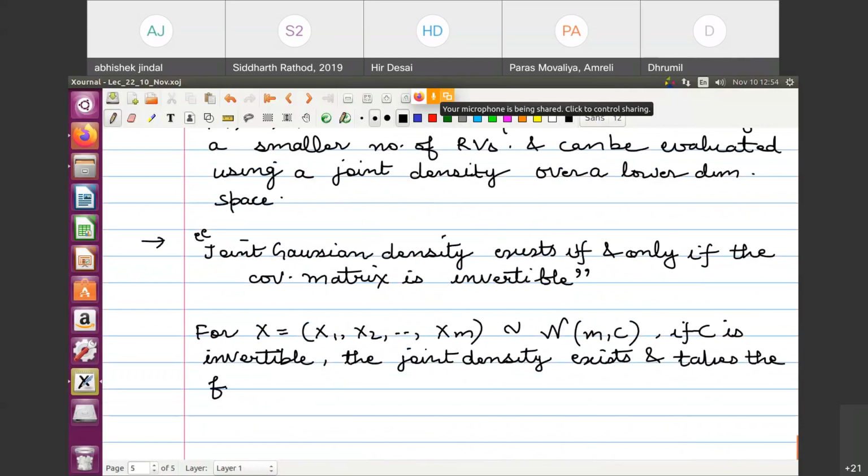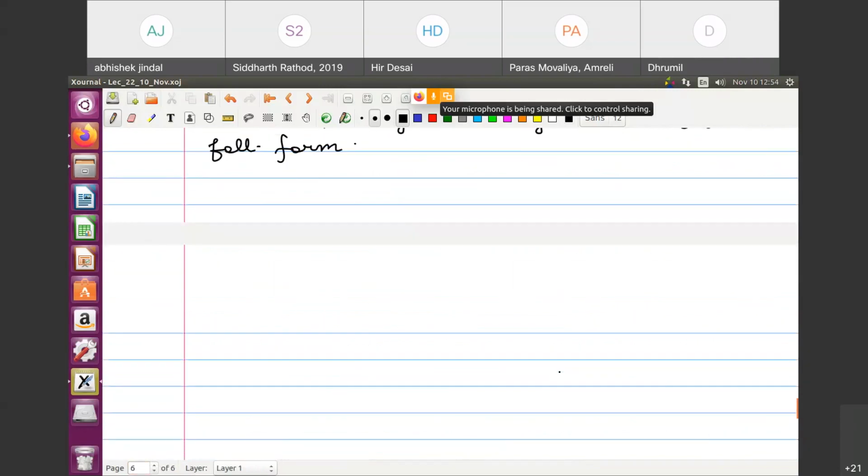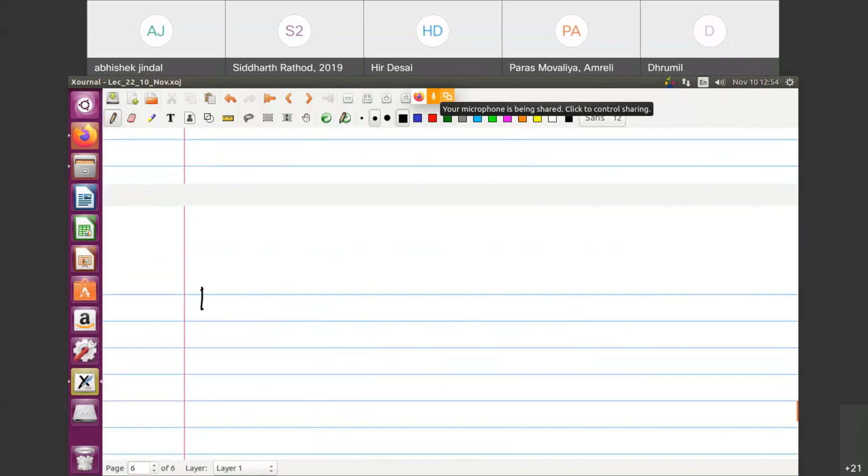I think you must have seen this PDF earlier. So this is the way to write the joint PDF, or the PDF of the vector.